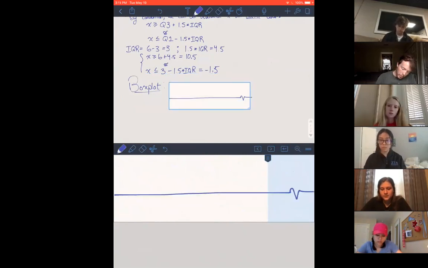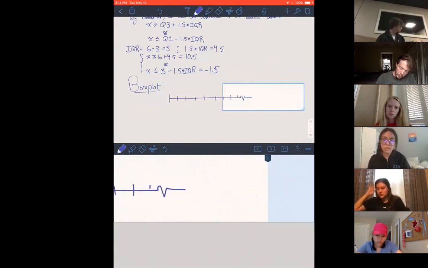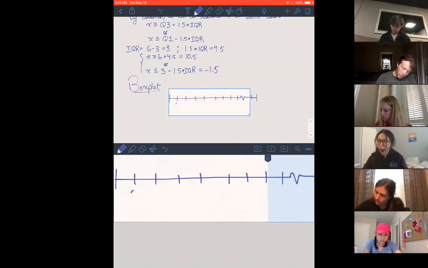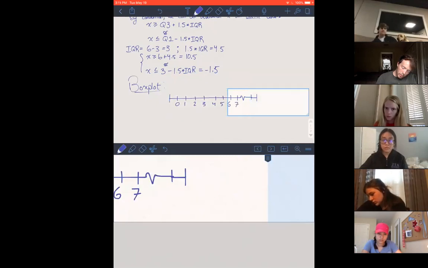So I'll draw the number line: 2, 3, 6, 7, 25.